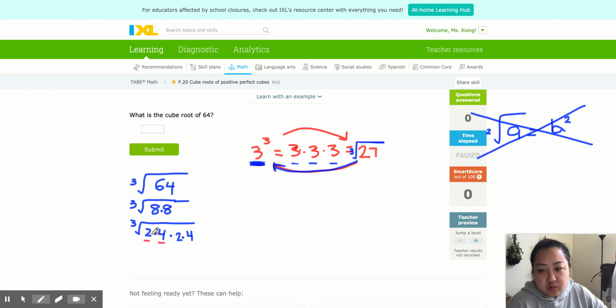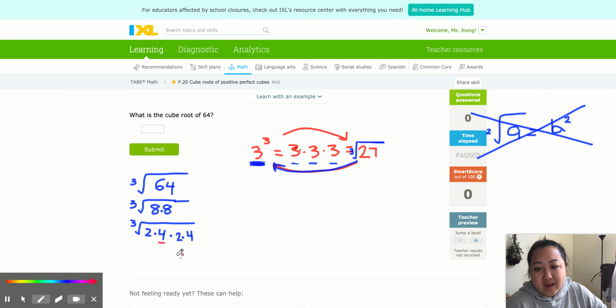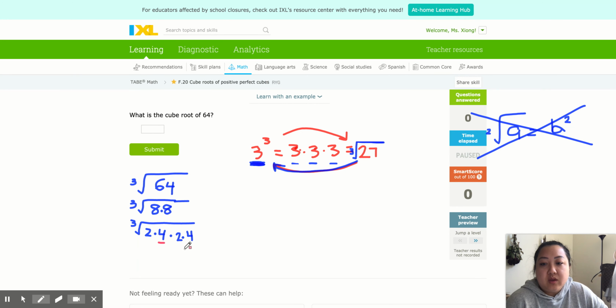If I choose 2, then that means I need to switch my 4s into 2s. Well, I have 3 2s. No, it's going to be more, right? So it's not going to be 2. I'm going to actually choose 4. And how am I going to get 3 4s? Well, basically I can combine these 2.